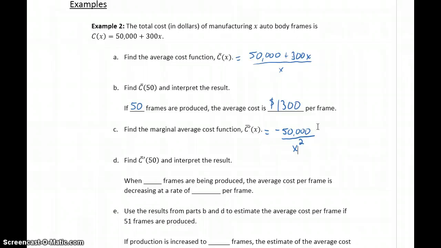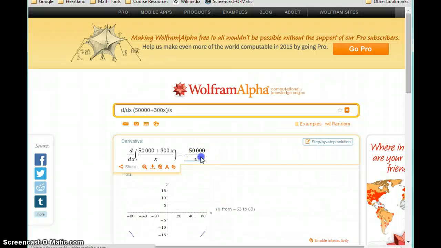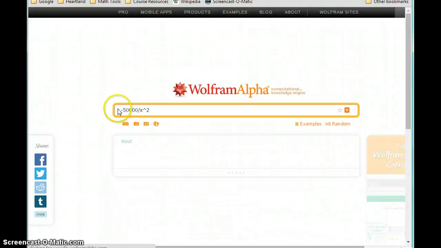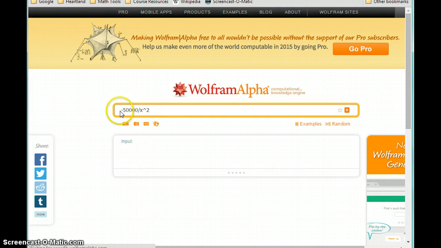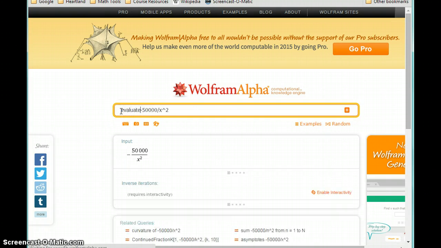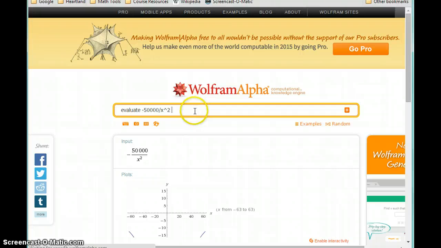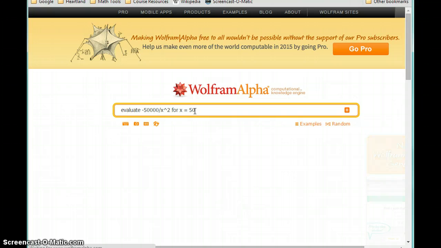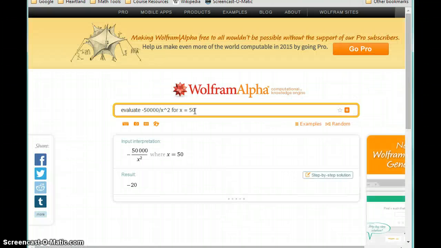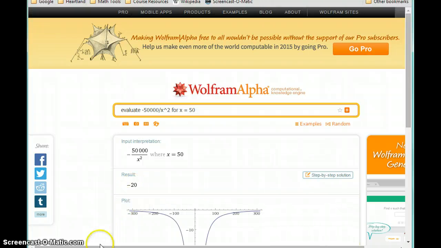Now we want to find that function evaluated at x equals 50 and interpret that result. So we want to evaluate that function for x equals 50. And in this case, we see that we get a result of negative 20.